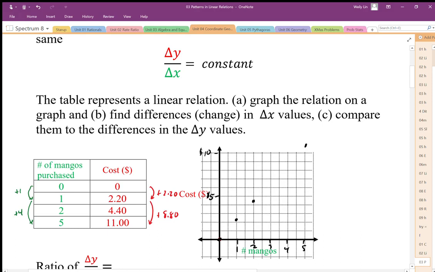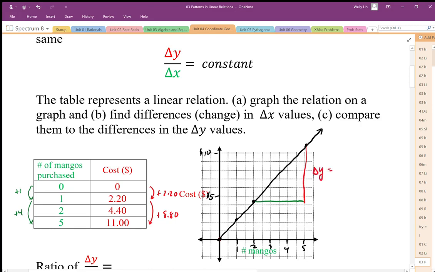Notice that when I plot those points, I get the straight line relationship that gives me the proportional relationship. So this constant proportion that we find, this run compared to the rise, or the change in x compared to the change in y.